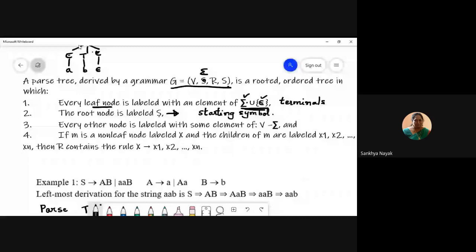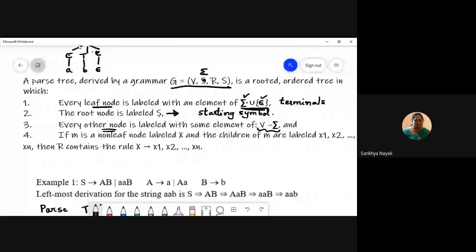Every other node, which means all interior nodes, will be from V minus sigma. V has both terminals and non-terminals. We have removed sigma, which means terminals are not there, so it will have only non-terminals.